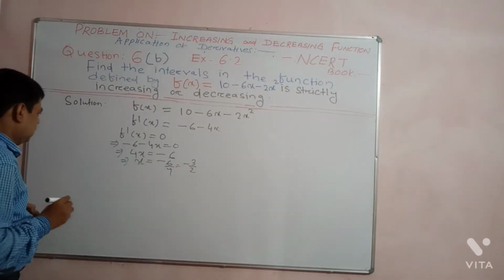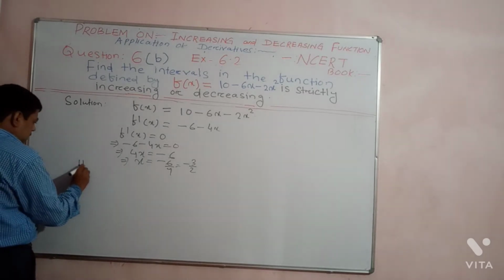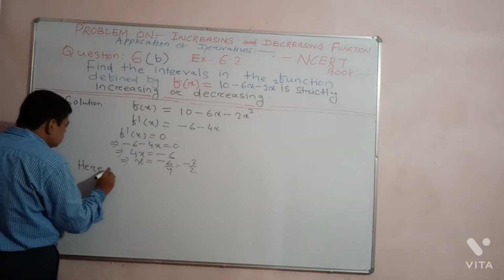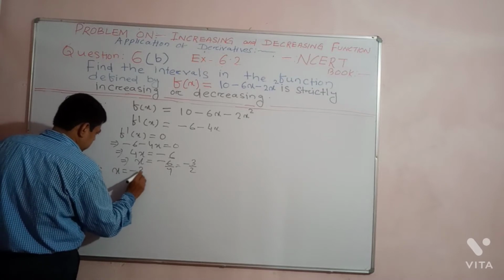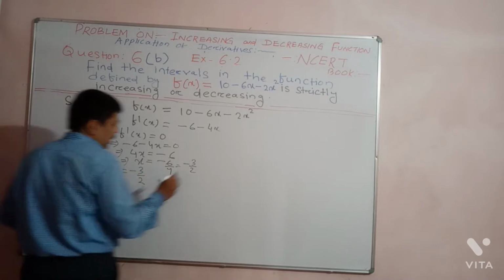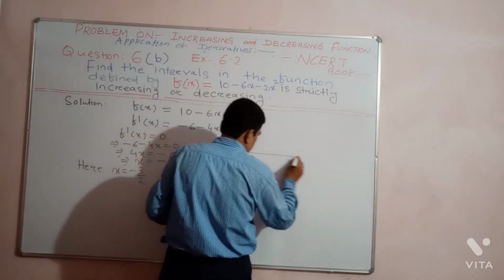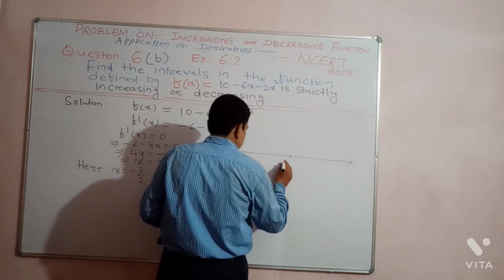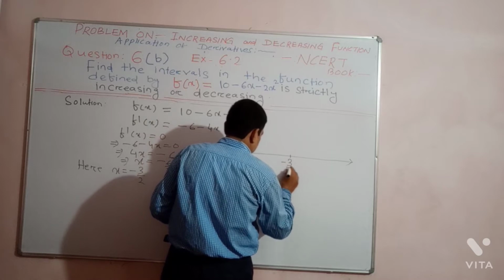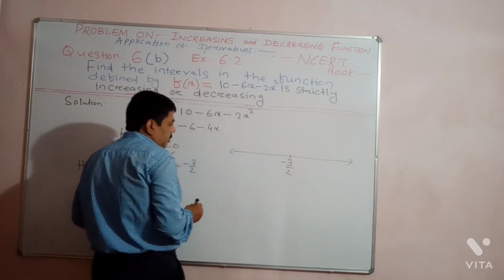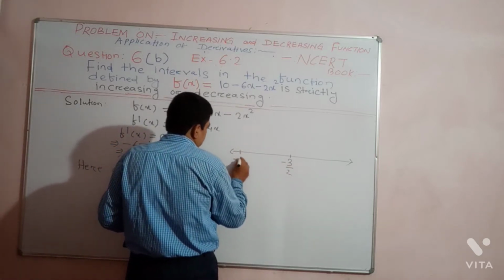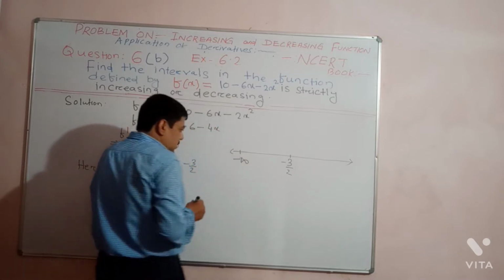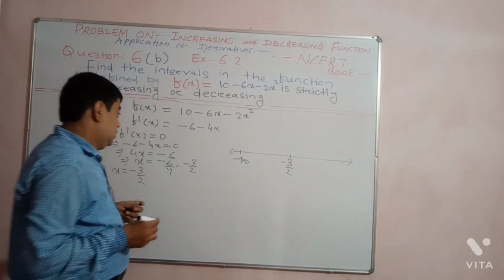Here the point x = -3/2 divides the real number line into two disjoint intervals.